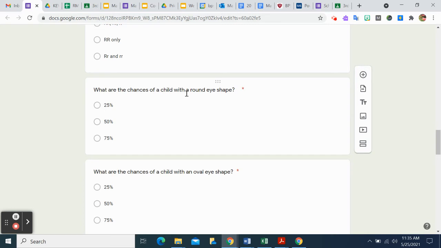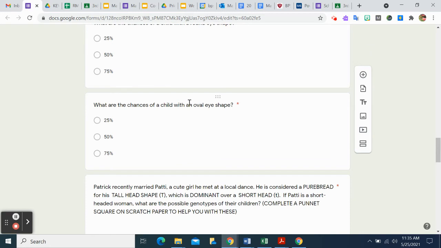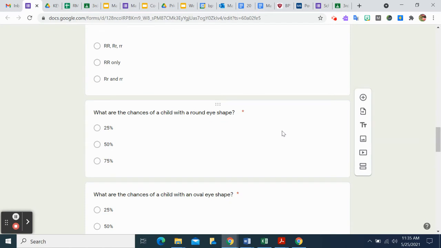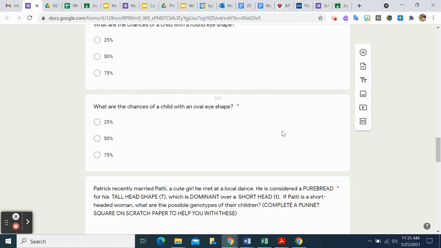What are the chances of a child with a round eye shape? 25%, 50%, 75%. What are the chances of a child with an oval eye shape? 25%, 50%, 75%. Remember, you're going back and looking at your Punnett square, and this should be able to help you to figure it out.